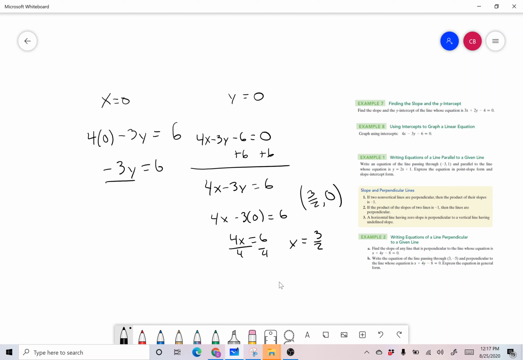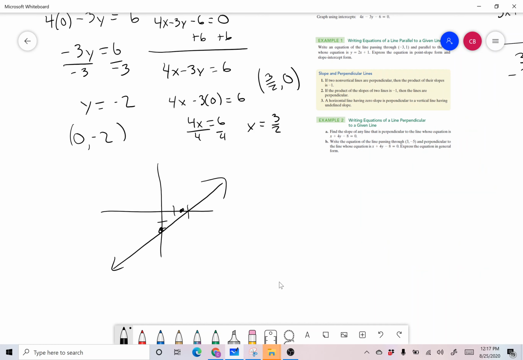So we have (0, -2). And then I draw my graph. And I have (0, -2) and (3/2, 0). Okay. And I can draw my line. So with 2 points, you can draw your line. That's another way you can graph. If you want to do points and plug 0 for x, 0 for y, do it that way. As long as it's a line, that will work. If it's not a line and it's a parabola, you will draw the wrong graph.